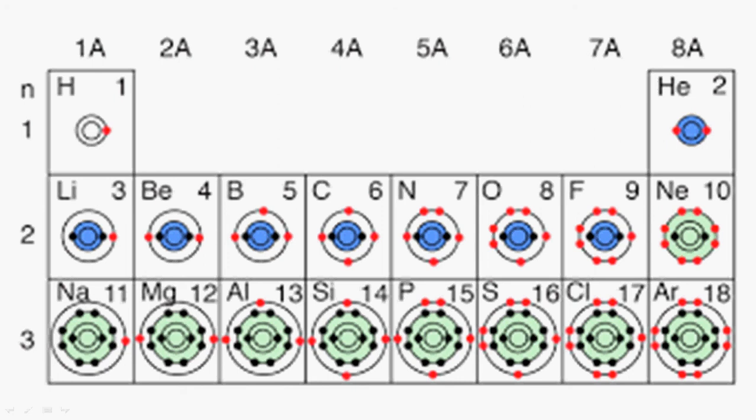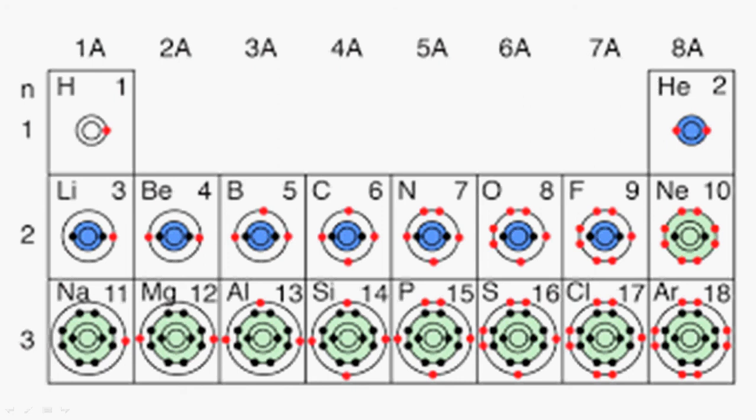Then beryllium is having 2, boron is having 3, carbon is having 4, nitrogen is having how many? 5, oxygen is having 6, fluorine is having 7, and the noble gas neon, it is having 8. It means that its octet is complete. Okay, it is highly stable and inert. That means it is chemically inactive and does not react with the other elements.